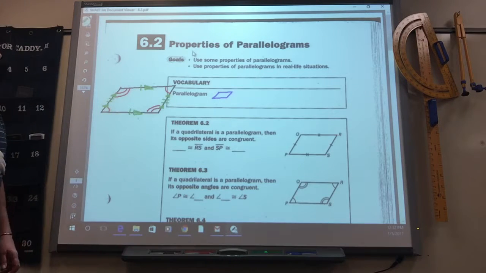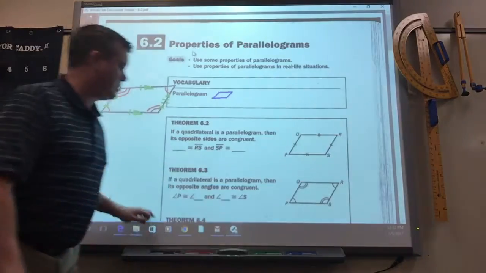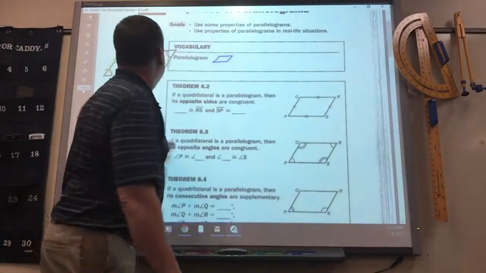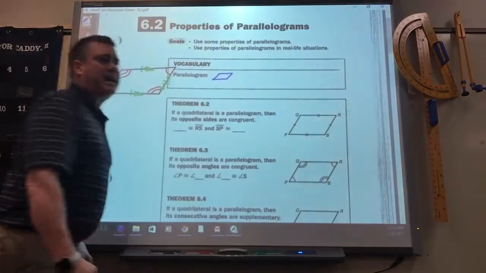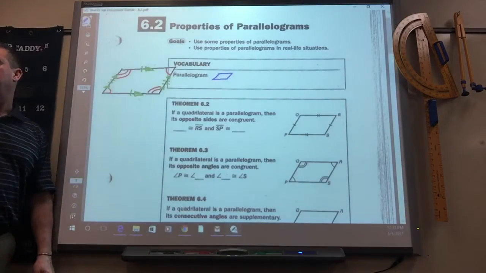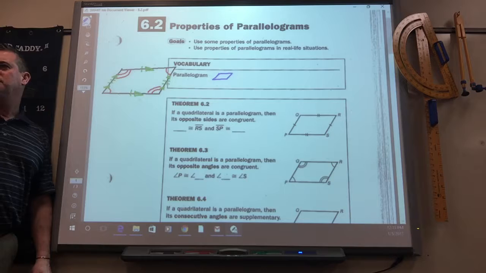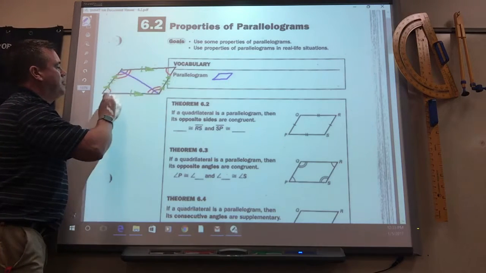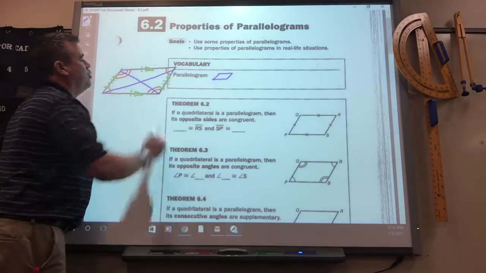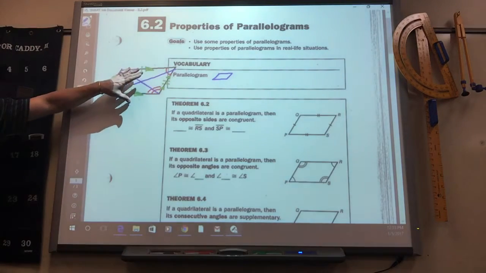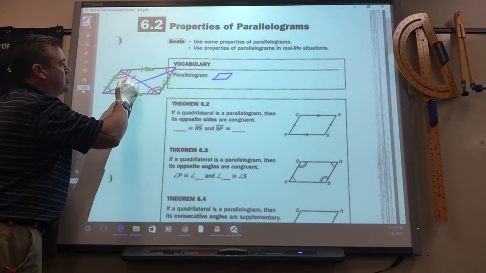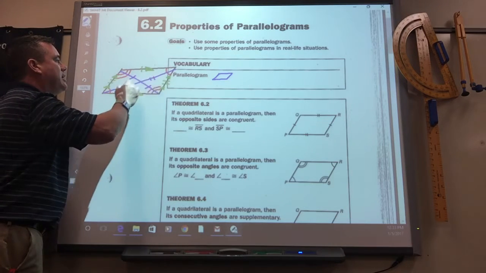Okay, and then the third thing, remember what a diagonal is when you draw it in? Remember how to draw the diagonals? You just connect the vertex to another vertex. When you draw the diagonals, they bisect each other. So this length is going to equal that one, and this length is going to equal that one.